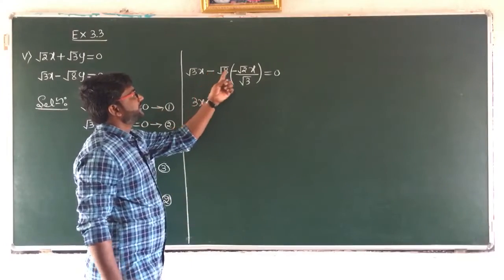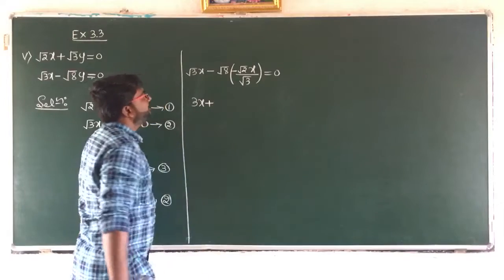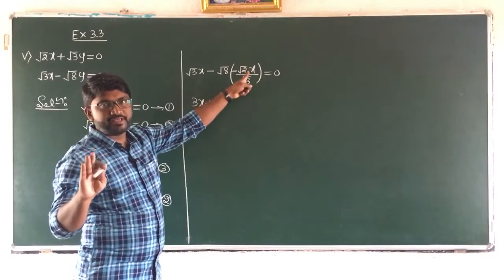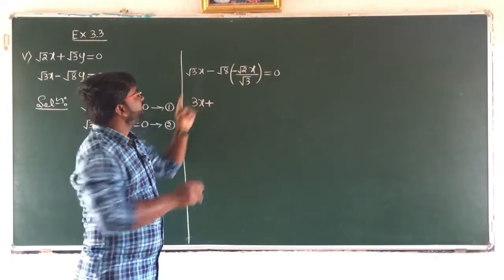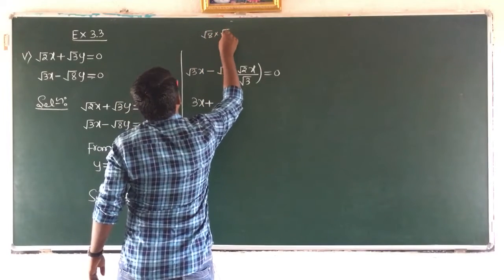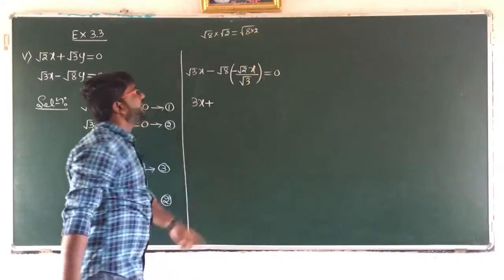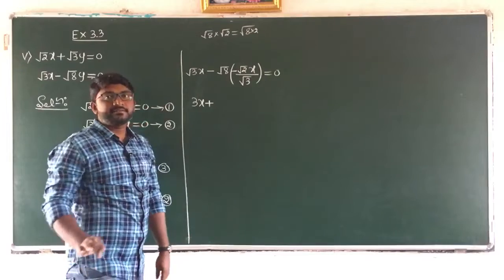So see here, minus into minus will be plus. So now √8 into √2. It is in the form of √a into √b, that can be written as √ab. So we get √16 here. √8 into √2 will be √(8 into 2). What is √16? It is 4.